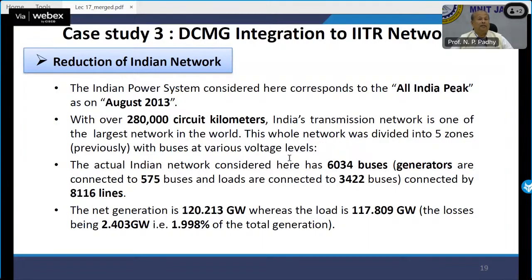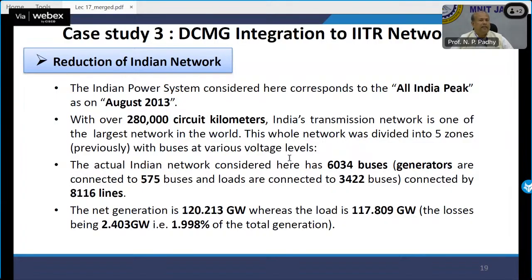The Indian power system considered here corresponds to the all-India peak in August 2013, with over 280,000 circuit kilometers of cables. India's transmission network is one of the largest in the world. The whole network is divided into 5 zones, as we know, with buses at various voltage levels.